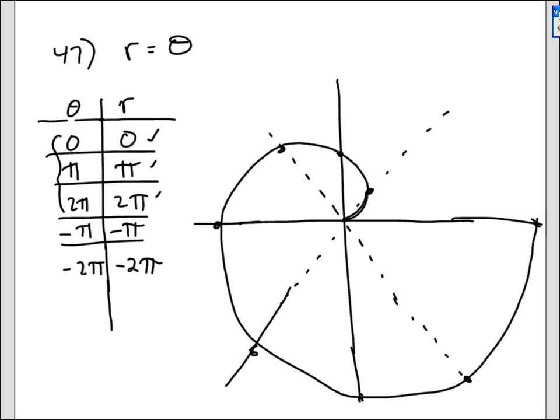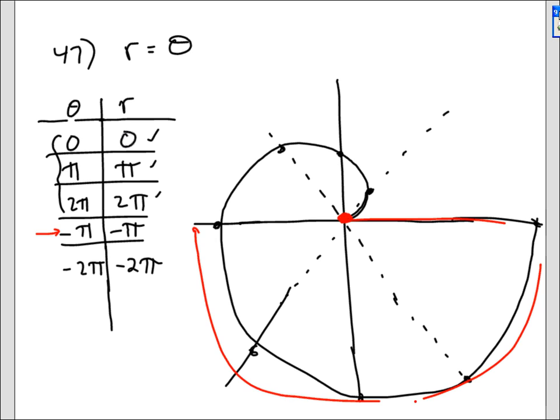But now, what if the angle's negative? When the angle is negative pi, start at the origin. Here's the origin and go negative pi. That brings you all the way around to right here. That's negative pi. And of course, it contains 0, 0. Okay, negative pi.